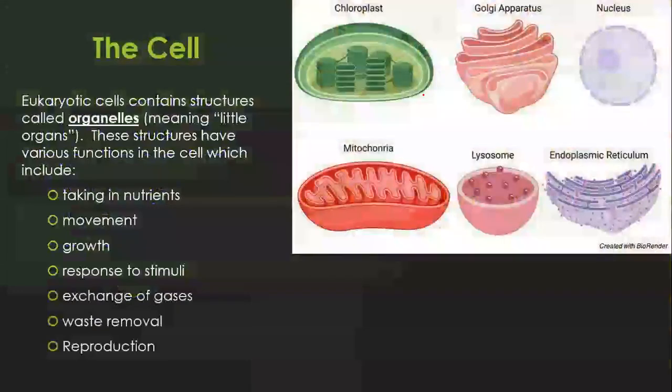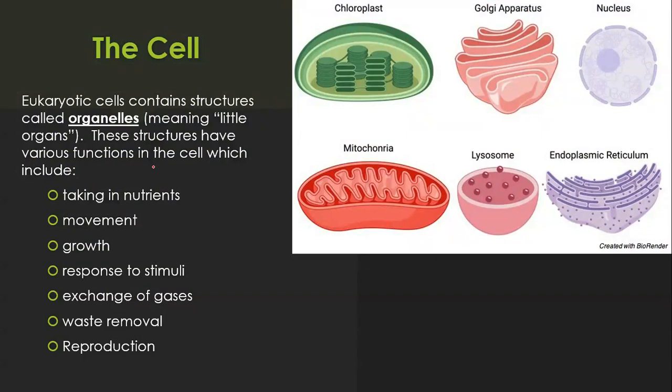Now, I mentioned eukaryotic cells, which plant and animal cells are, have structures called organelles. Now, what is an organelle? An organelle literally means little organ. And these structures have various functions within the cell. I've listed a few here on this page, some common ones.